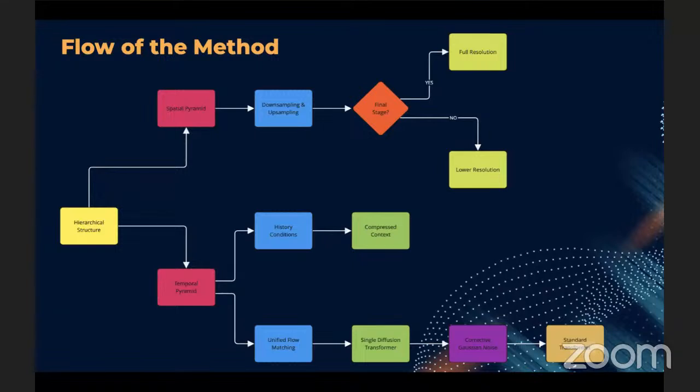That means these full sequence diffusion models are limited to generating videos of fixed length, but our model is quite different because it has separated the spatial pyramid and temporal pyramid, and it takes them in a parallel way.